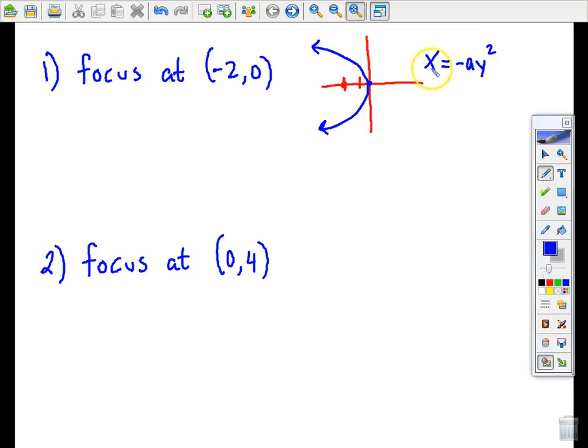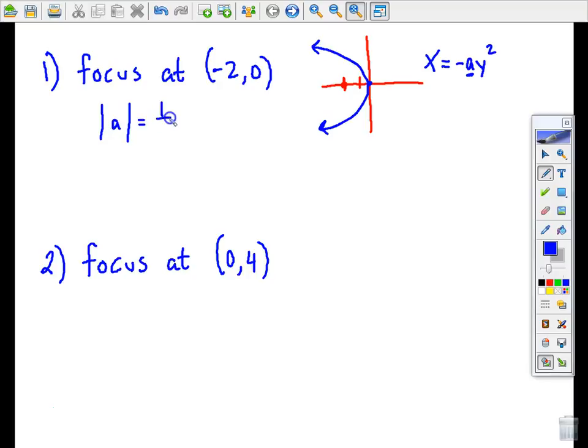Since it opens to the left, I'm going to have the x equals equation, and the a number is going to be negative. All right? So it's just going to be our job to find out the exact number to plug in for a in this equation, and then we'll have our answer. So here's how you find a. You use this formula.